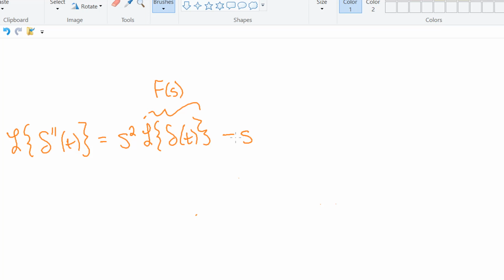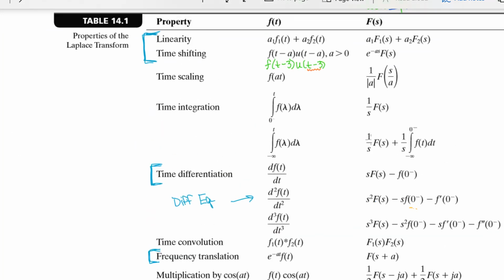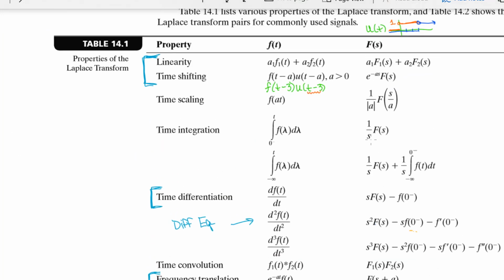And remember the Laplace transform is defined as an integral, and the derivative of an antiderivative is the original function. So I'd have s delta of 0 on the negative side, and then minus delta prime of 0 on the negative side. So I'm just going to go back to the table for just a second. So here's that notation they talk about up here.